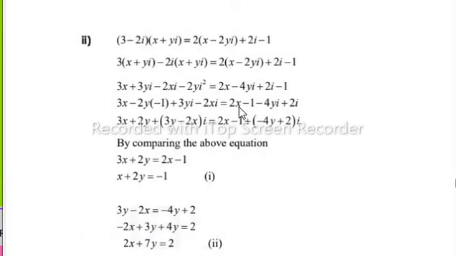Now at the right hand side 2x minus 1 will be written same as it is, while 2y minus 4y and plus 2 have iotas, so we take iota common, and we write minus 4y plus 2 in bracket form. So this is our real part 3x plus 2y, while at the right hand side 2x minus 1 is also real.